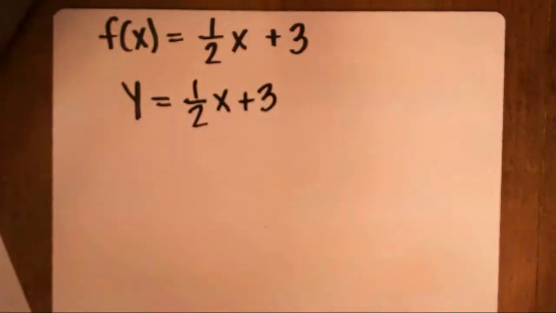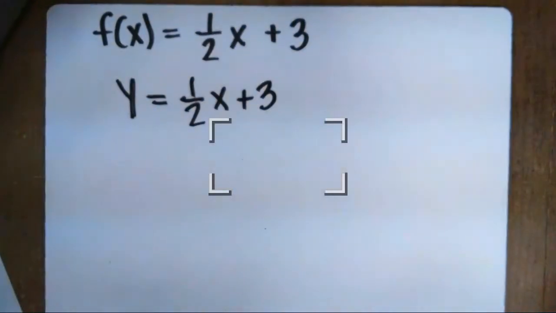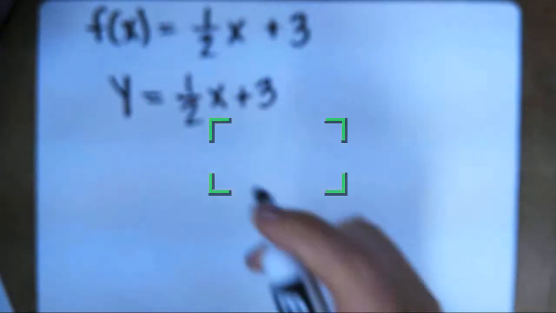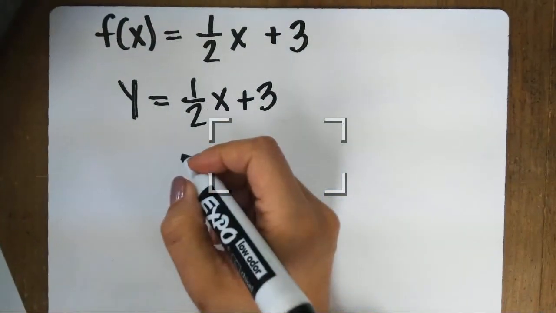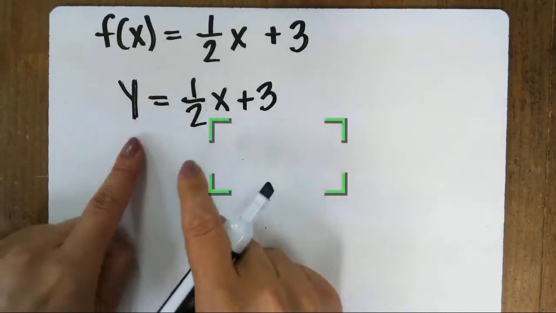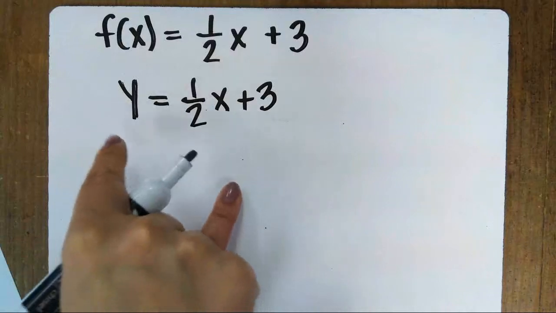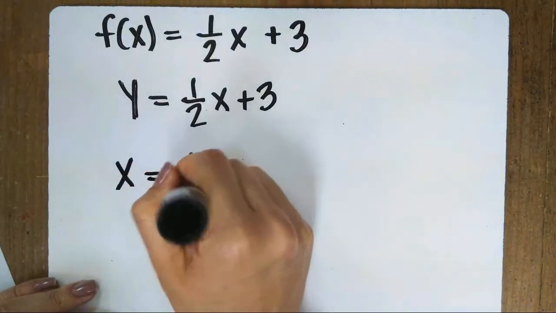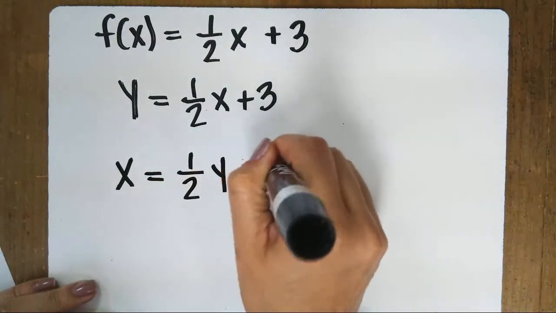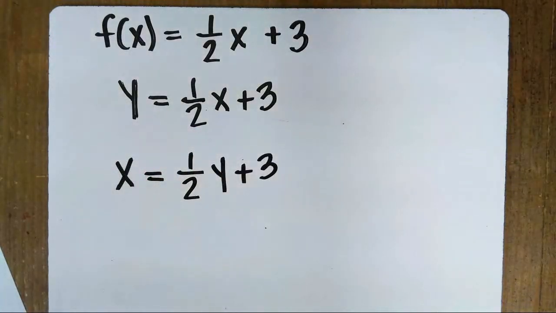Okay, once I have that, my next step is to flip my x and y value. I'm sorry that the camera is focusing right now, it's being really weird. So I'm going to just switch those. So I'm going to put x equals 1/2 y plus 3. Okay, so notice I didn't do anything except just switch that.